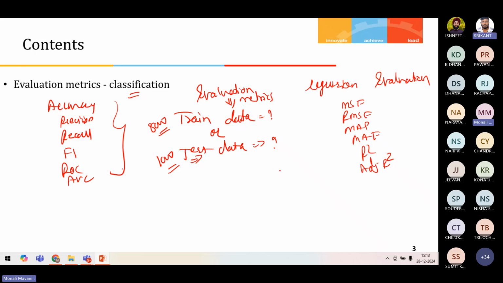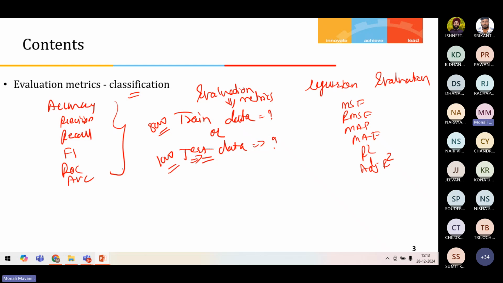Then we need to check whether those predictions are correct or not. How do we check that? For that, we use these evaluation metrics. Whatever model you have come up with during training, we want to evaluate it. We cannot evaluate on the trained data itself because that model is built on the trained data.